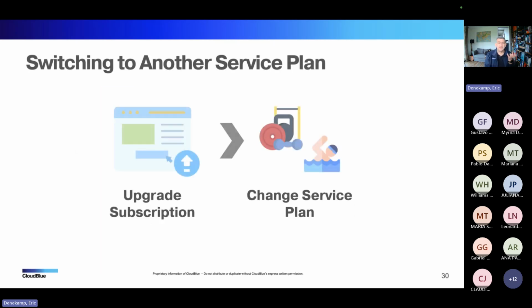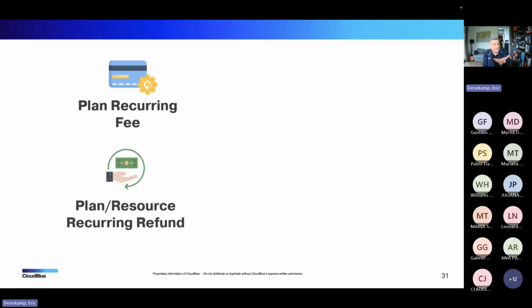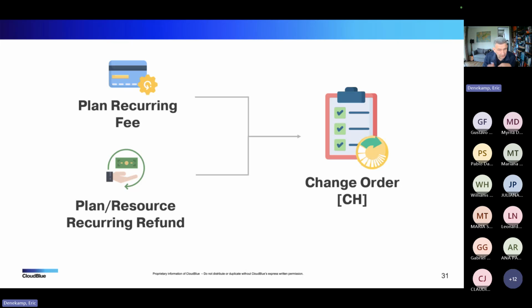So what do I see in the change service plan itself? Again, it results in a change order. That is simple. What do I get? The plan recurring fee of the original plan is refunded to me, prorated, and I'm paying for the rest of the month for that new one. If there are additional resources in there, the same thing happens. And those two numbers make it to the change order.